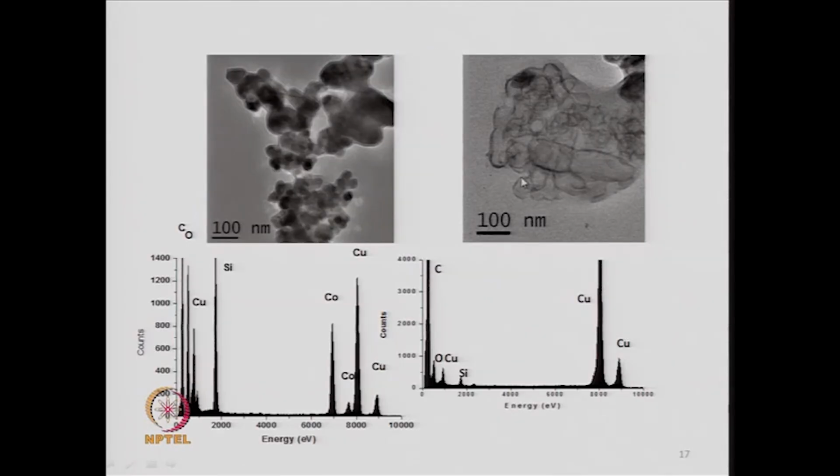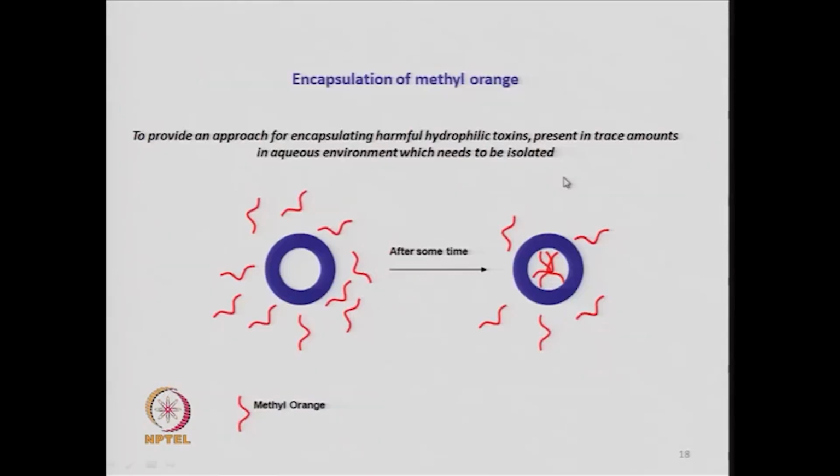If you look under the TEM, you get this image, and if you do energy dispersive X-ray analysis, you will see only silicon, oxygen, and of course copper from the grid and carbon due to impurities. You do not see any cobalt peak, which you can see here, which shows these are hollow shells.